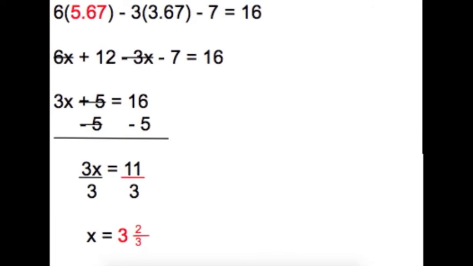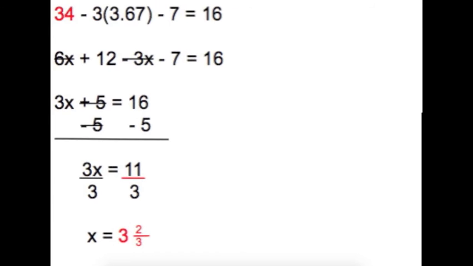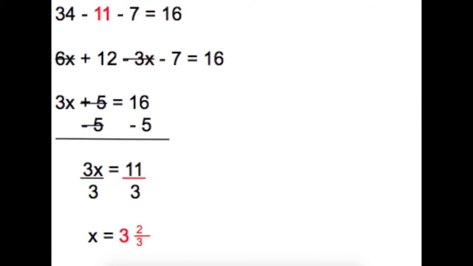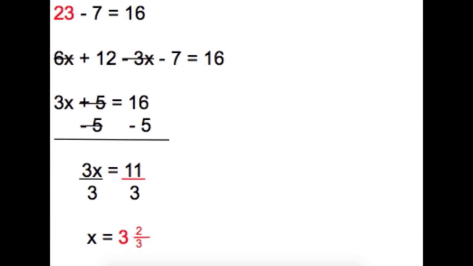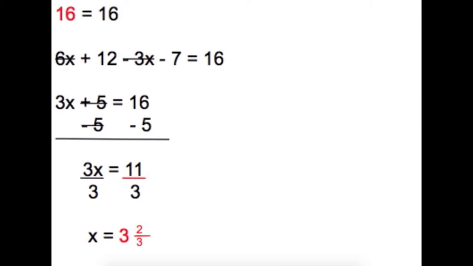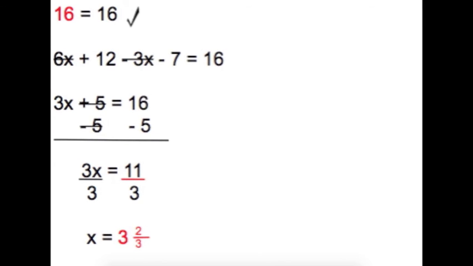This is 5.67. Then we will multiply 6 times 5.67, which is 34. Continuing to follow order of operations, we will do 3 times 3.67, which is 11. 34 minus 11 is 23, and 23 minus 7 is 16. So, our answer of 3 2/3 checks out.